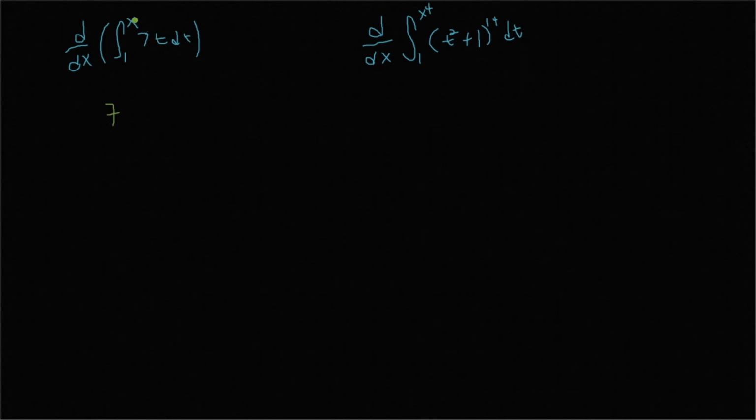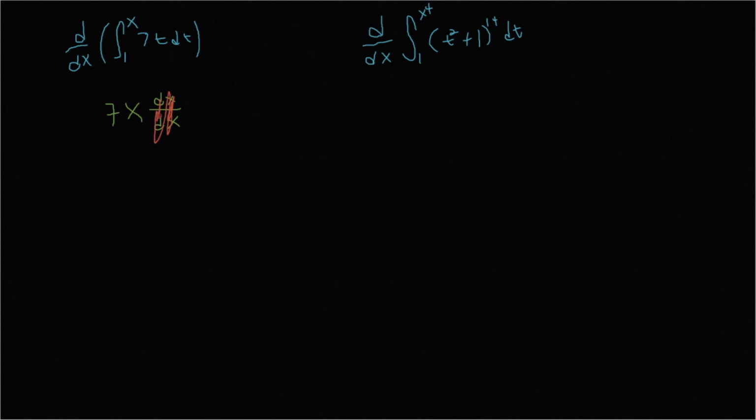So we have 7, but instead we're integrating from 1 to x, and so the variable gets a name change to x. And that's about it, because there is nothing else going on. Technically, you would have to multiply by the derivative of x with respect to x, but that's just dx, which is just 1.